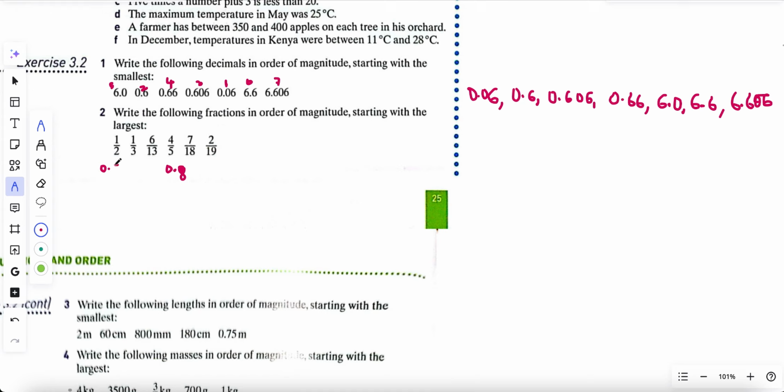1 over 2 is 0.5, which is the same as 0.50, don't get confused. 1 over 3 is 0.33, like 33%. When you change to decimals, it's easy to know which is bigger. Now, 7 over 18, what do we get? We get 0.388, so we can say 0.39.